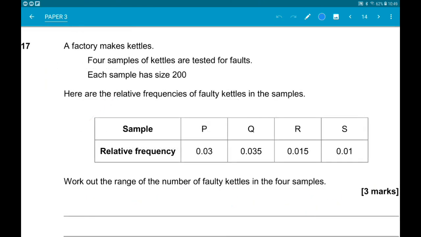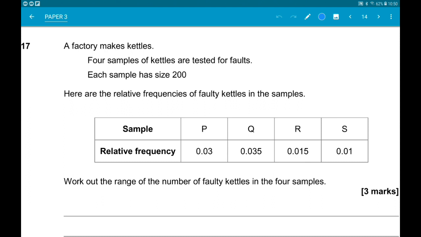Number 17. A factory makes kettles. 4 samples of kettles are tested for faults. Each sample has size 200. Here are the relative frequencies of faulty kettles in the samples. We want to work out the range of faulty kettles in the 4 samples.